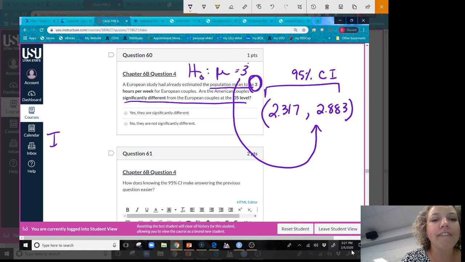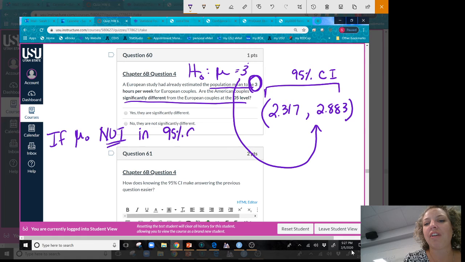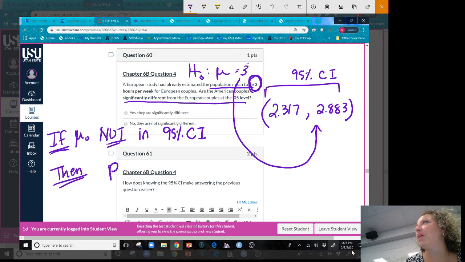So if our hypothesized value is not in the 95% confidence interval, there's the if, then the p-value will be what? Significant, so less than 0.05.